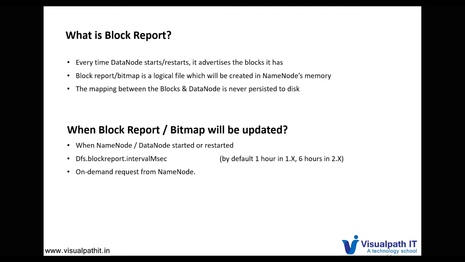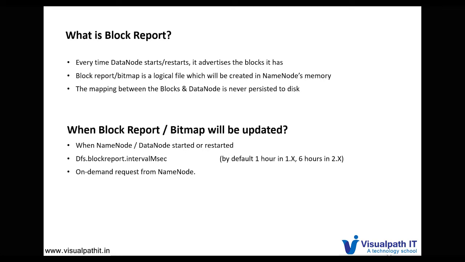For example, if a data node has 100 blocks and you restart it, the link to the name node is deleted. When it restarts, the link is automatically re-established, and the data node sends all the block details to the name node.